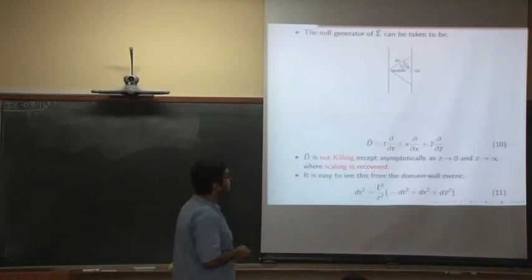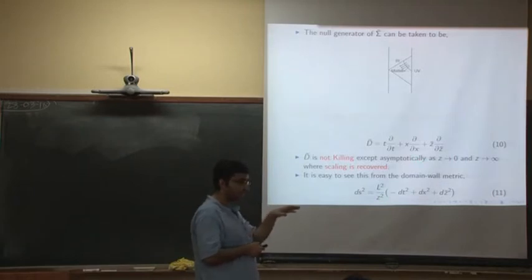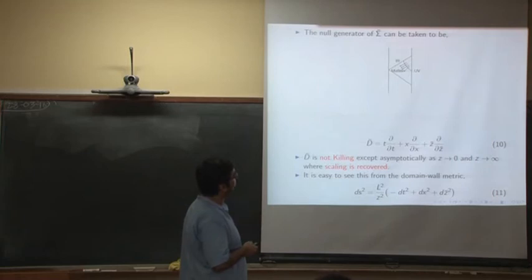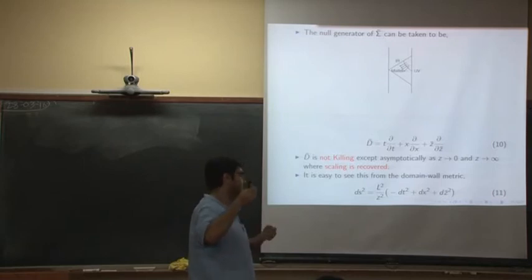Some other choice of d bar? What do you mean with some other choice of d bar? So this d bar as a vector field. At infinity, f of z picks up some constant. Yeah, but that cancels. You can just think of it like that also.